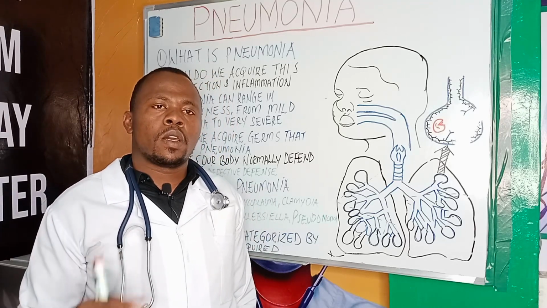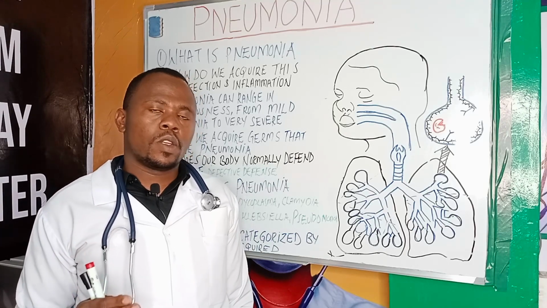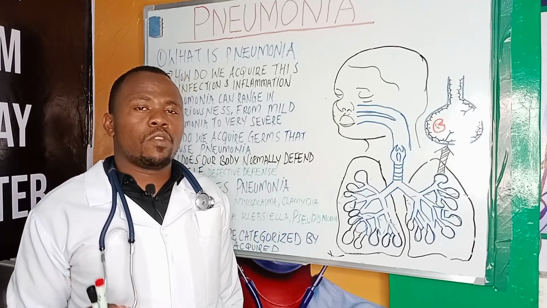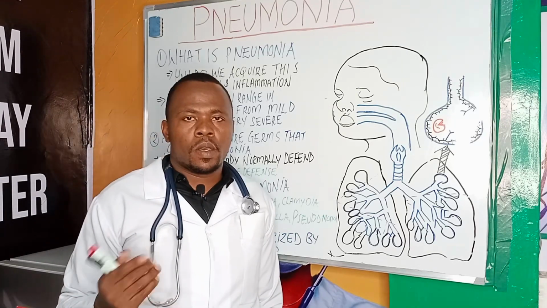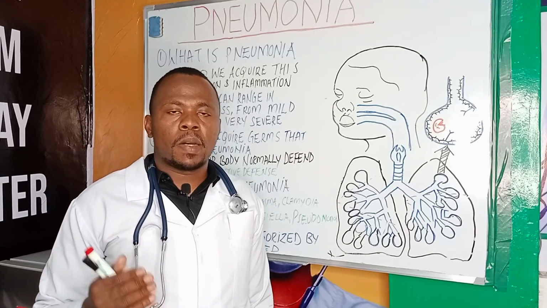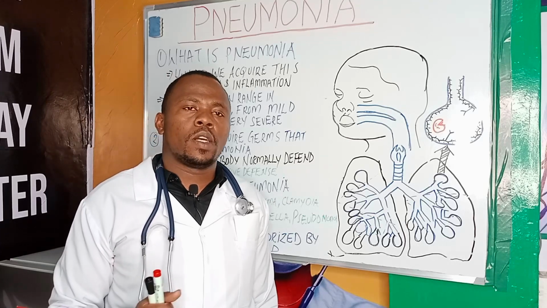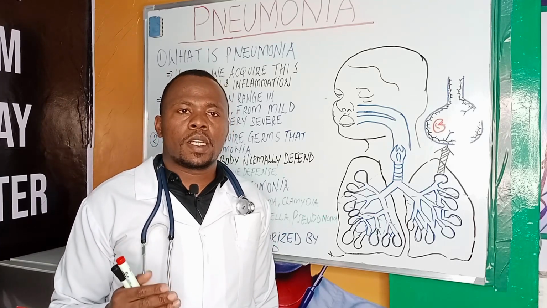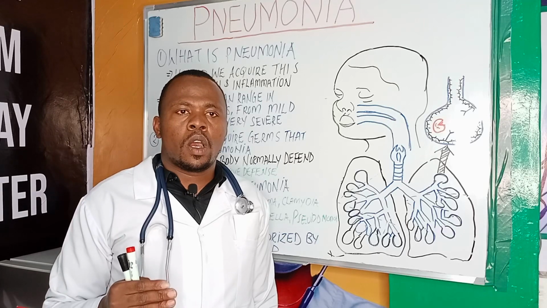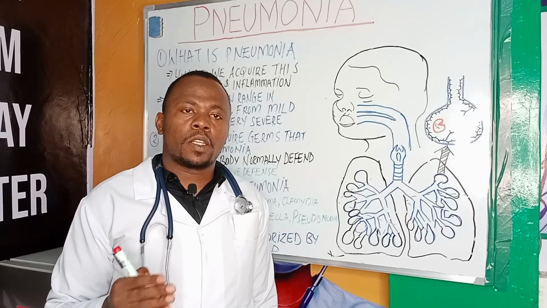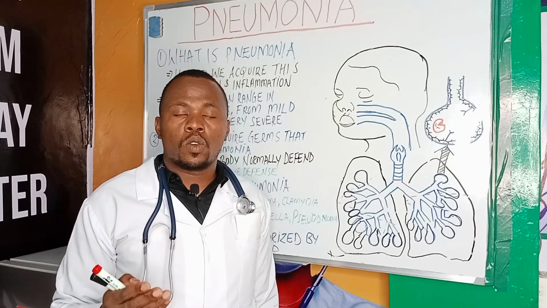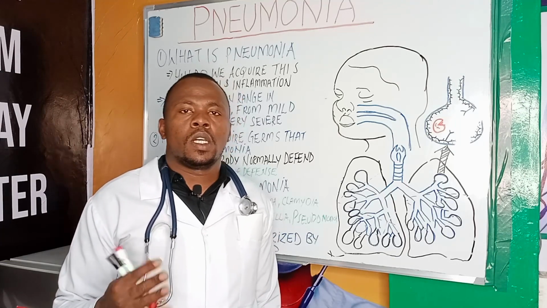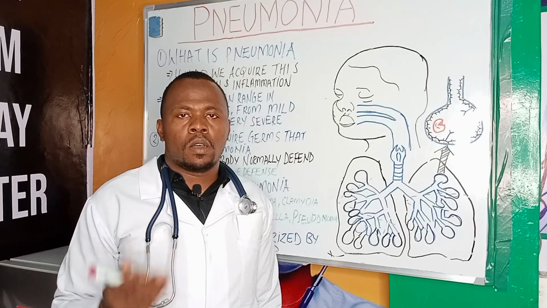Sometimes the signs and symptoms of pneumonia depend on the type of pneumonia we have, and also on the type of bacteria that causes the pneumonia. There are those bacteria that can cause other symptoms apart from what I've said, like nausea, vomiting, headache, and muscle pain.